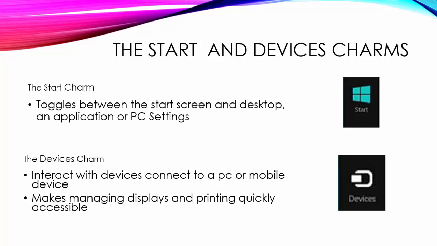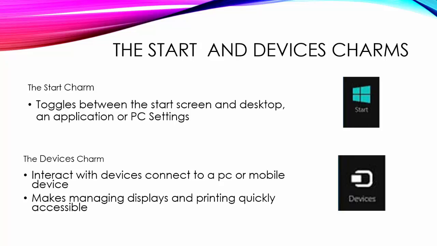The Start charm toggles between the Start screen and any previously viewed screen, such as the desktop, an application, or PC settings. It works the same as the Windows key on the keyboard.